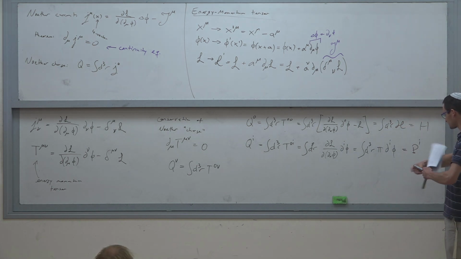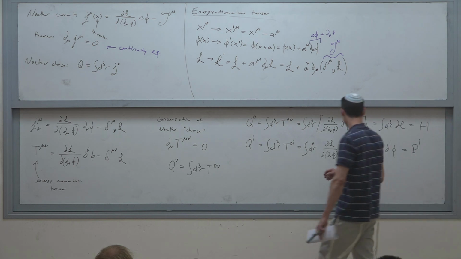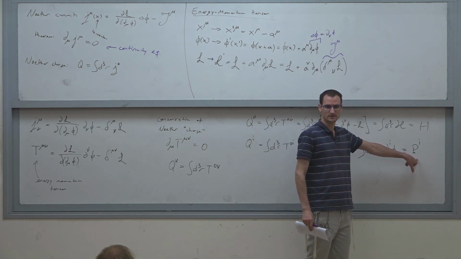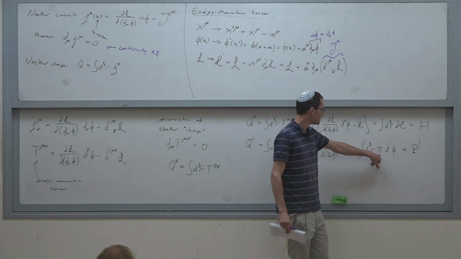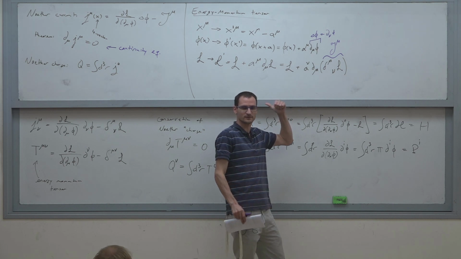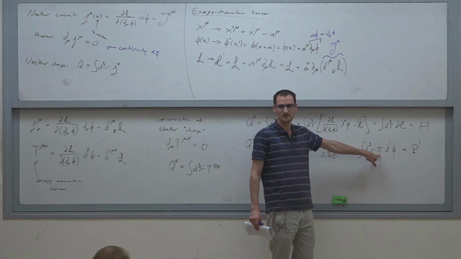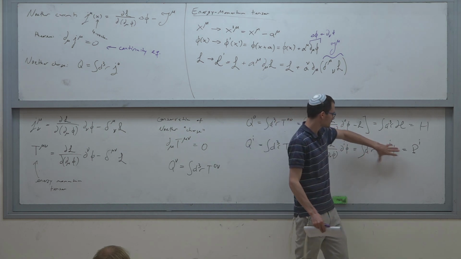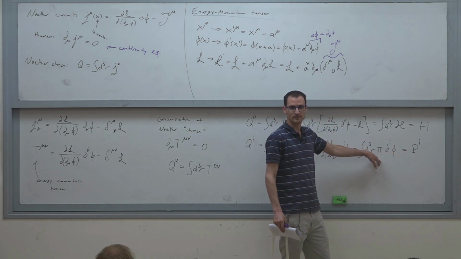And one last thing I'd like to stress is that this is the physical momentum, so mass times velocity, whereas π is the momentum field conjugate to φ, the original field. So this π is not a physical momentum. The physical momentum that you measure is this quantity, and it's defined this way.